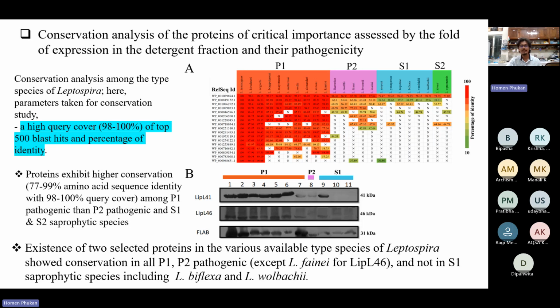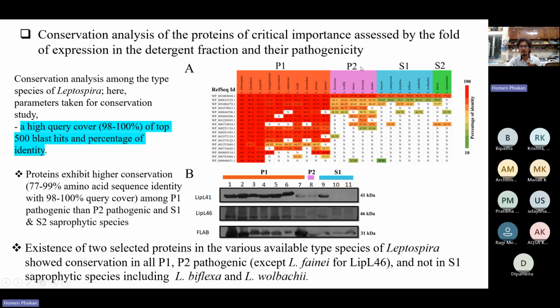And we used these potential virulence factors for a conservation analysis among the leptospiral species. We performed the conservation analysis bioinformatically, and at the same time we performed immunoblot analysis using specific proteins from the species of Leptospira. So this P1 is a pathogenic type 1 species of Leptospira, which is highly pathogenic.